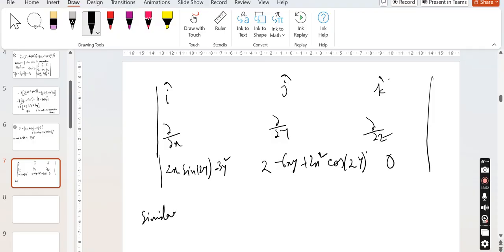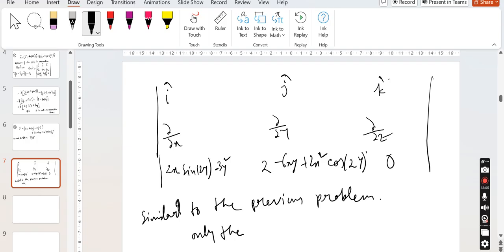Similarly to the previous problem, the k or z component survives.